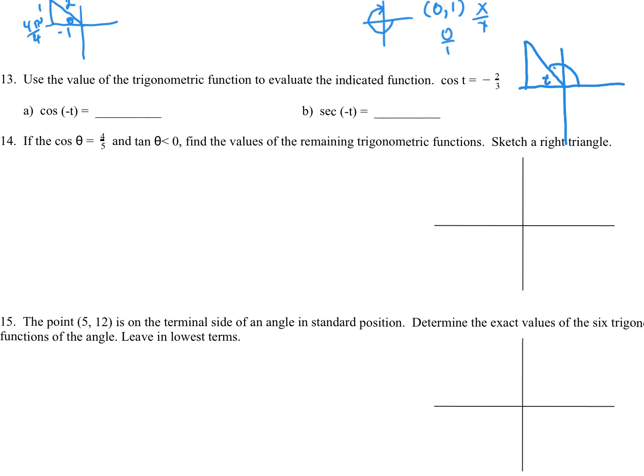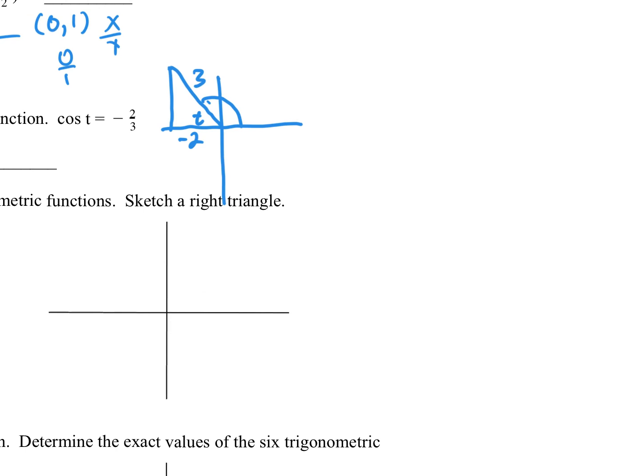So then this is negative 2, and this is 3. And we're going to use the Pythagorean theorem to find what the side is. So negative 2 squared plus b squared equals 3 squared, which gives me 4 plus b squared equals 9. B squared is then 5. B is root 5. So this is the square root of 5.